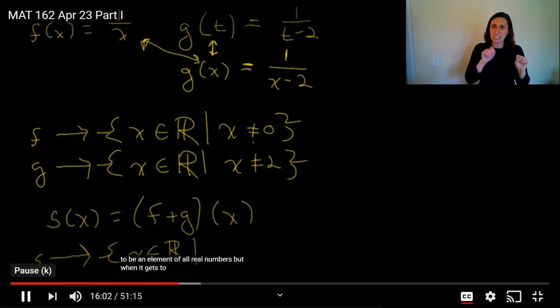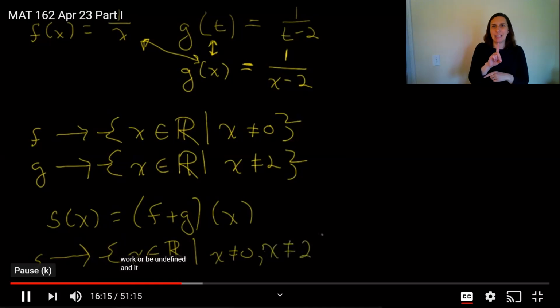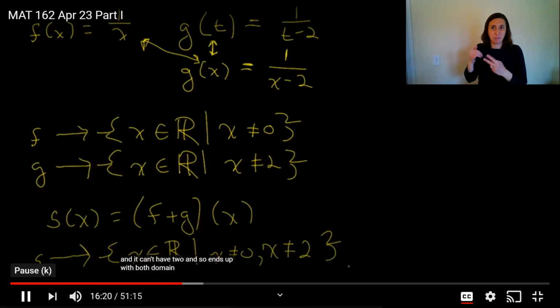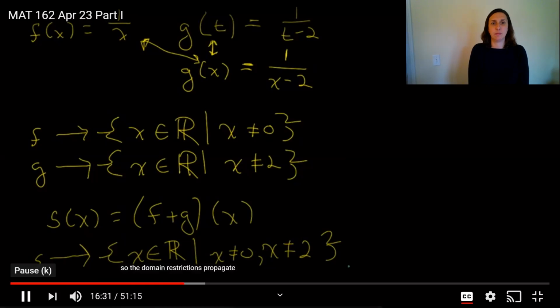But when it gets to 0, it can't do 0, because that would make the f part not work or be undefined, right? And it can't have 2. And so it ends up with both domain restrictions. So the domain restrictions propagate through the functions.